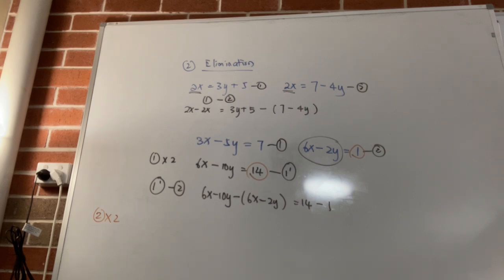Okay, let's see. Your equation 1 is here. We times by 3. Okay, times by 3, and then this is equation 2. We times by 2.